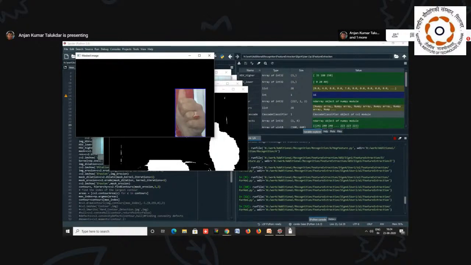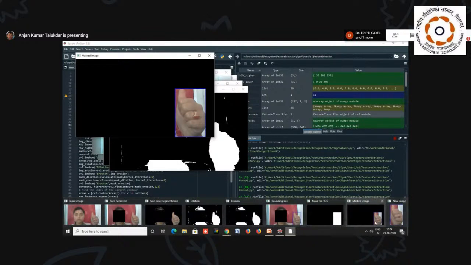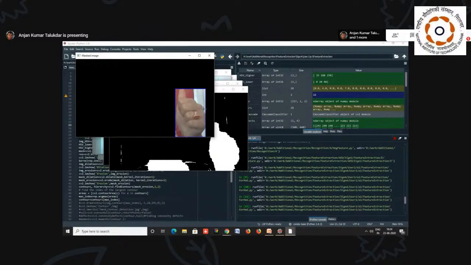So now after that I want to cut this part actually so that I can directly input this image to the HOG feature detector.